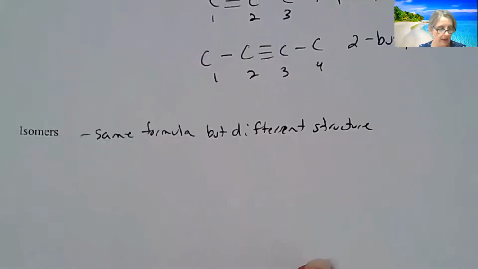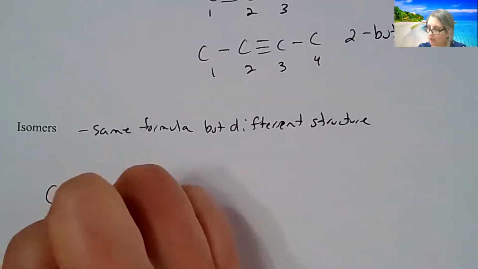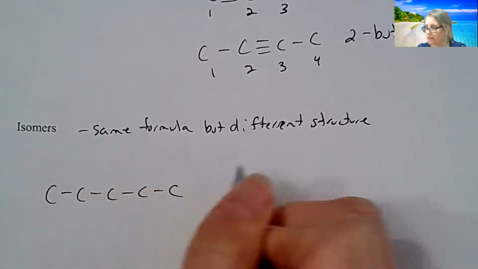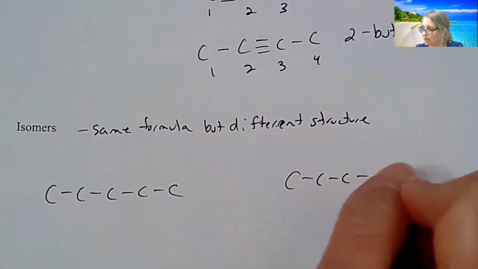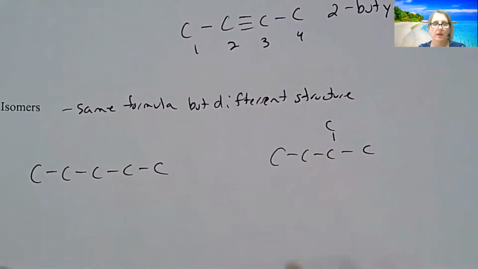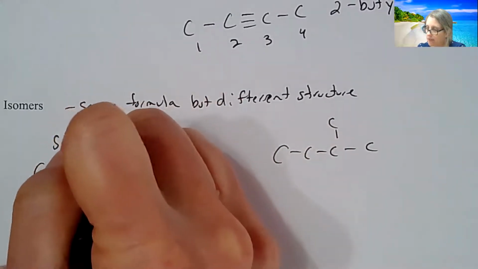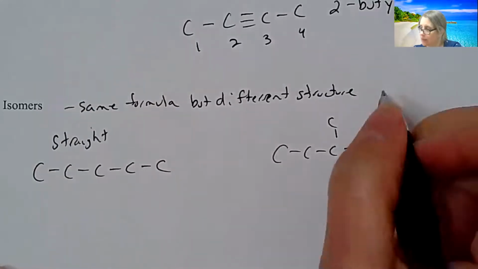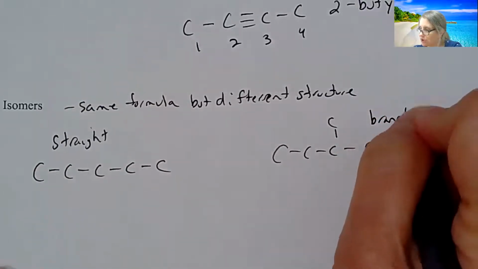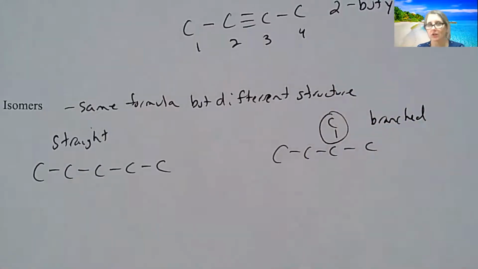So if that's the case, I have what we call a branch chain system versus a straight chain system. So this is a straight chain, meaning I have all 5 carbons in a row, while here I have what we call a branch chain. I have a carbon off of another carbon here.